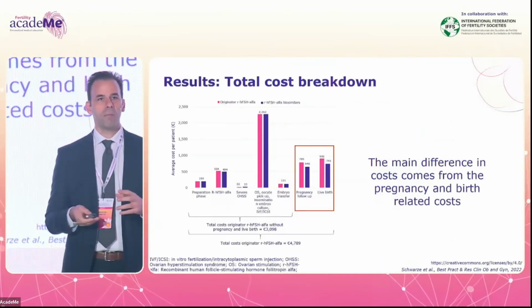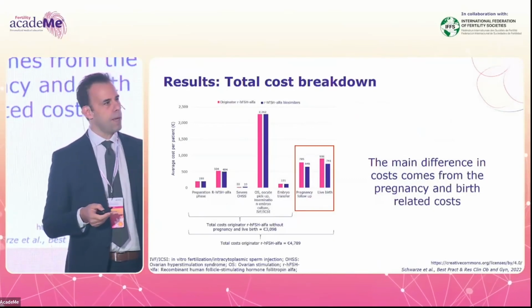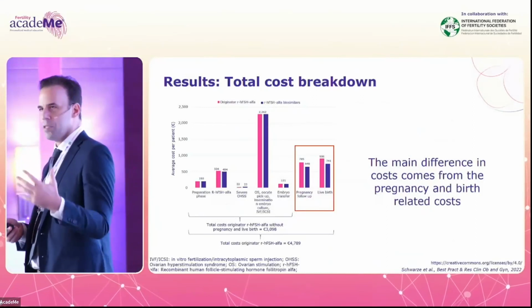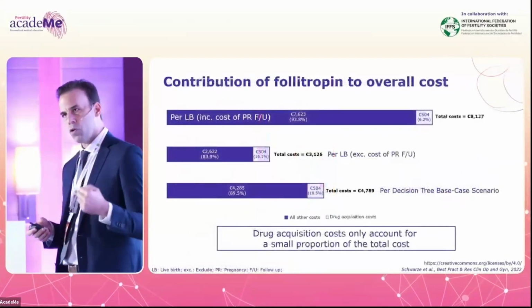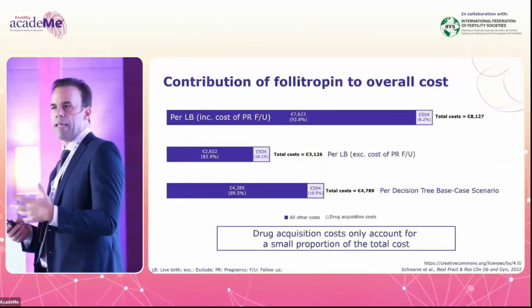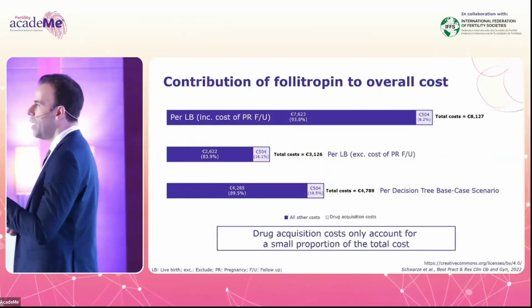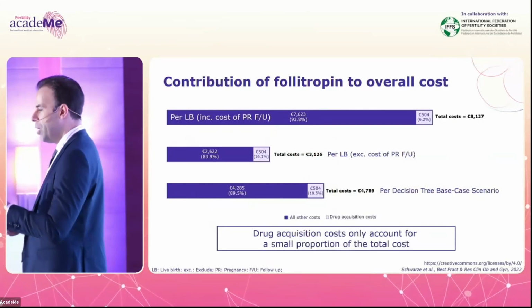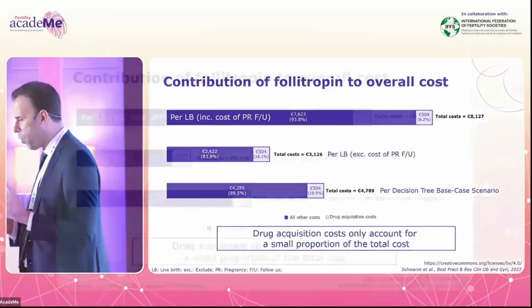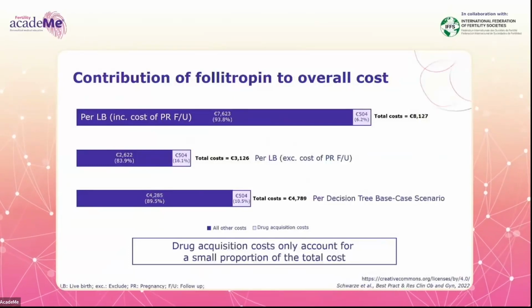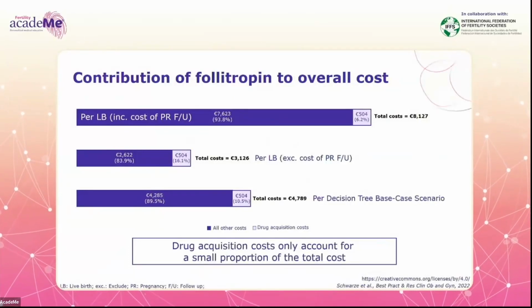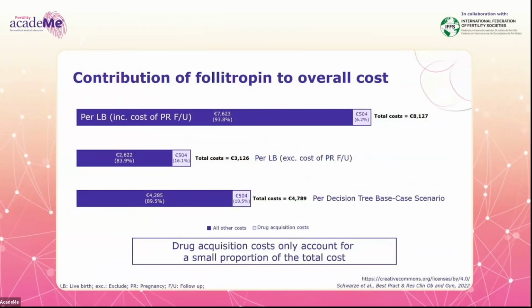So despite the fact that many people would think that it's the originator that's more expensive, and that is the main driver of the total costs, in multiple analyses we did, we saw that it's only a very small fraction, ranging from about 6% of the costs up to 16% of the costs, depending on up to which point you actually count where the drug acquisition costs are important.